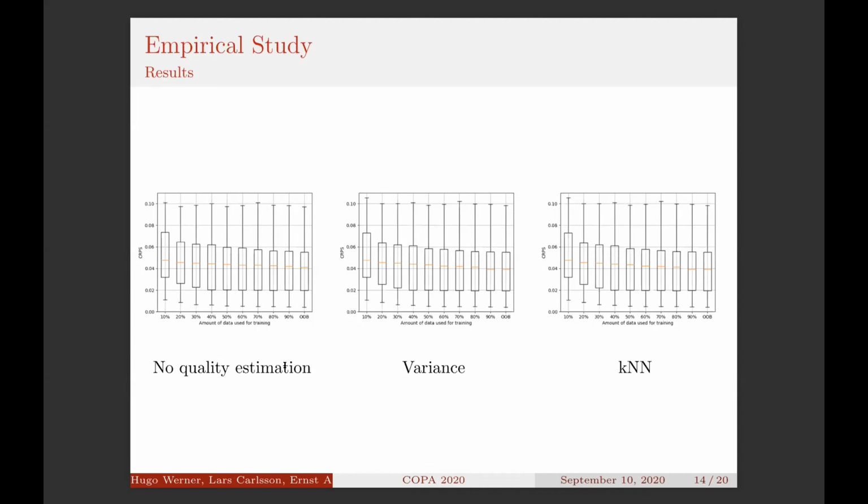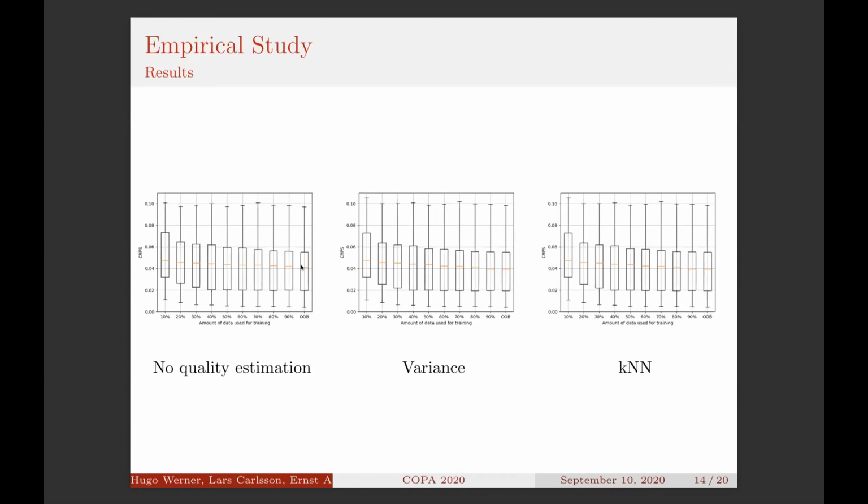So the results are presented here, split into these 3 graphs, which represent the different quality estimation methods. And each box represents one split. So at the far left is where we use 10% of the data for training.